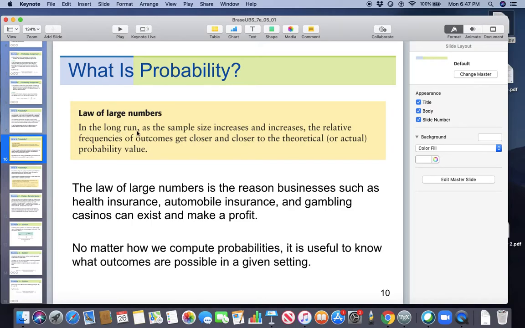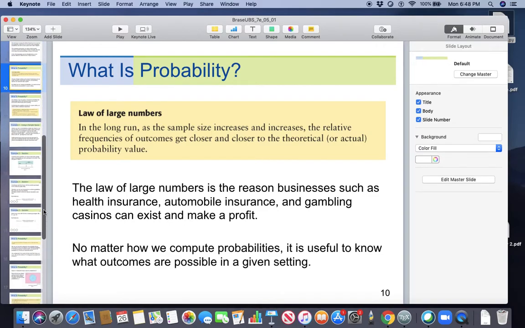In the long run, as the sample size increases and increases, the relative frequencies of outcomes get closer and closer to the theoretical or actual probability value. The law of large numbers is the reason businesses such as health insurance, automobile insurance, and gambling casinos can exist and make a profit. No matter how we compute probabilities, it is useful to know what outcomes are possible in a given setting. So let's understand this law of large numbers.